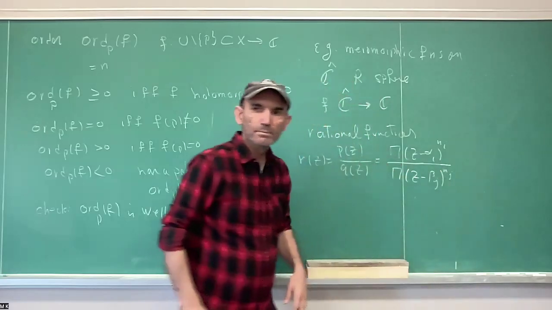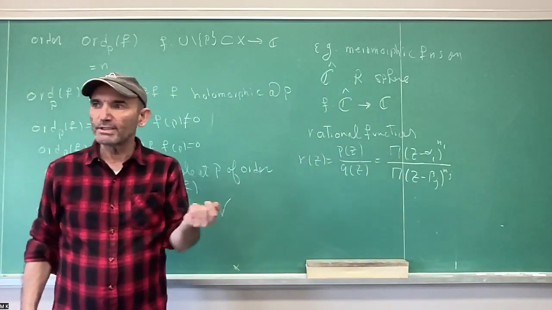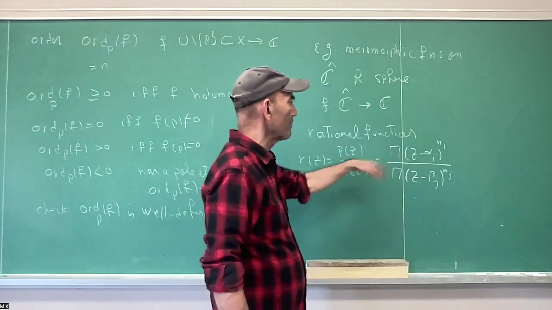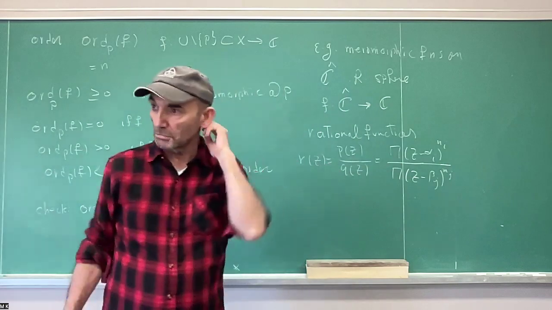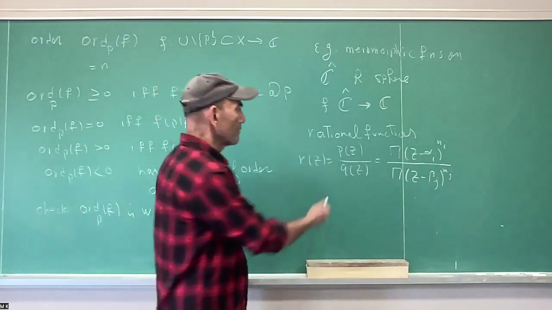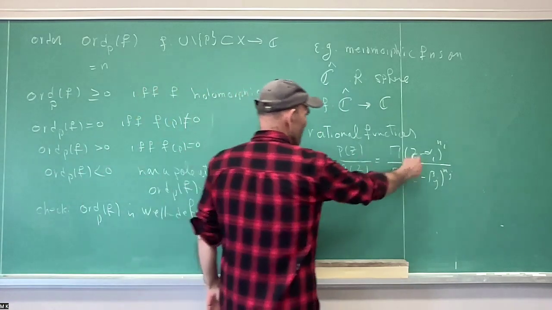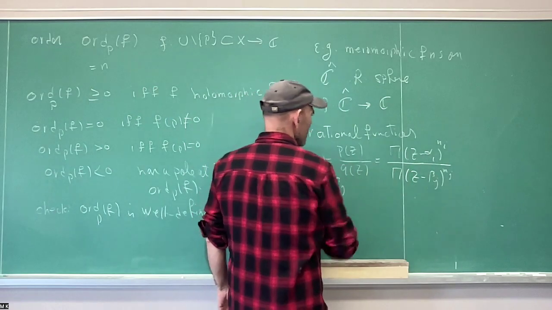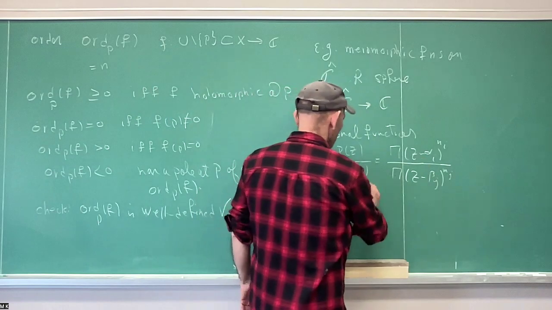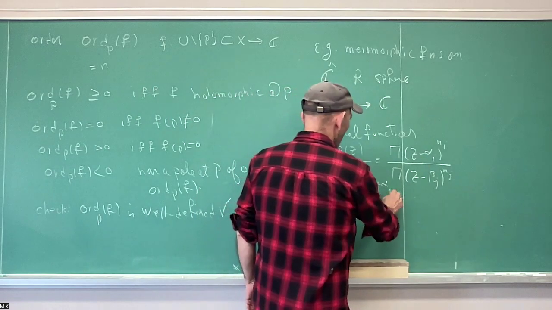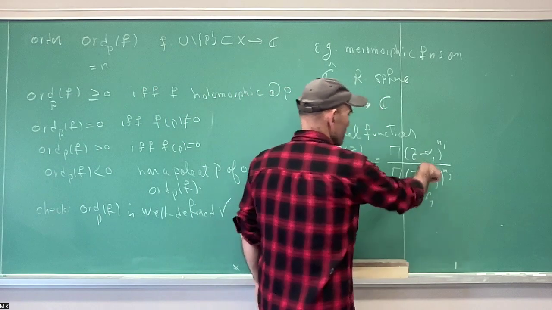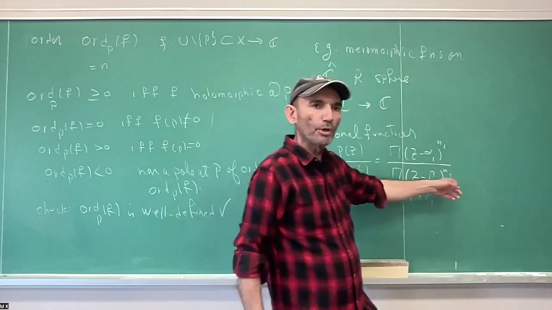Right? If you write it like that, now you can see where the zeros and the poles of the function are. Obviously, I'm assuming alpha_i is different from beta_j, alpha_i is different from alpha_j, and beta_i is different from beta_j. So these are distinct roots, but you allow multiplicities.